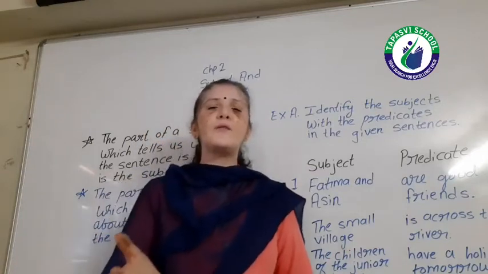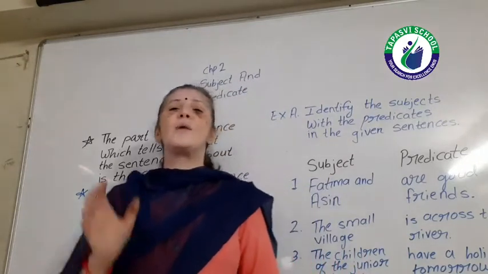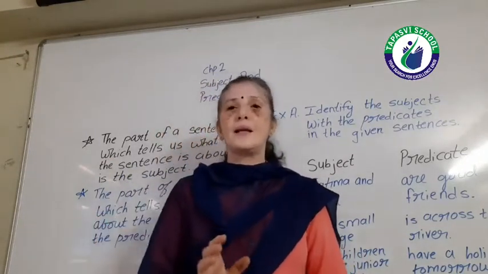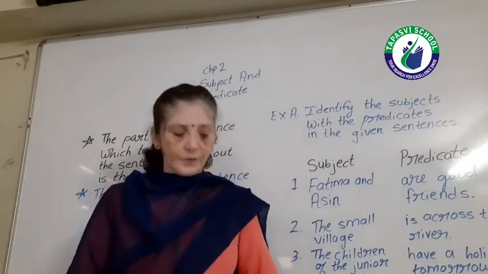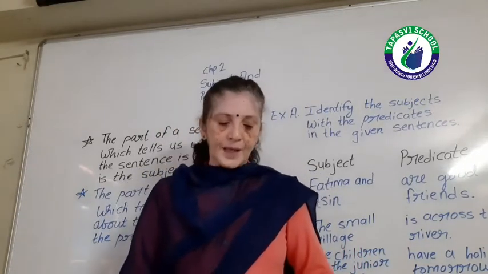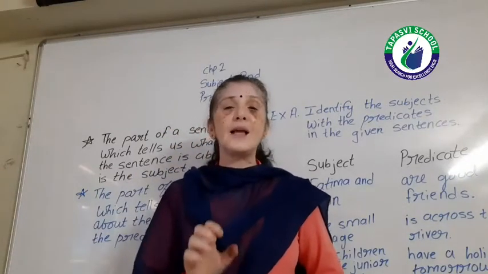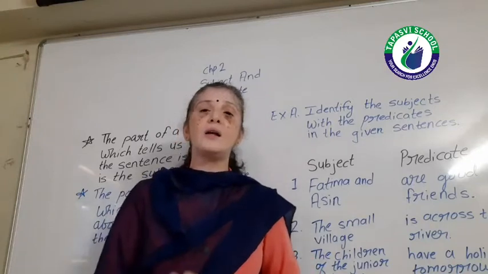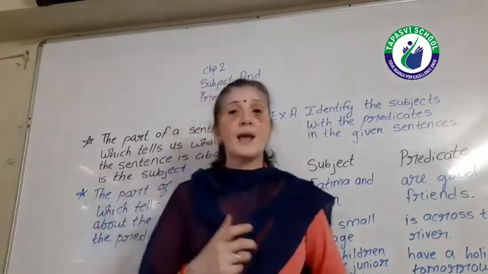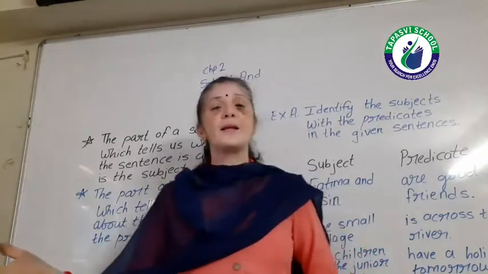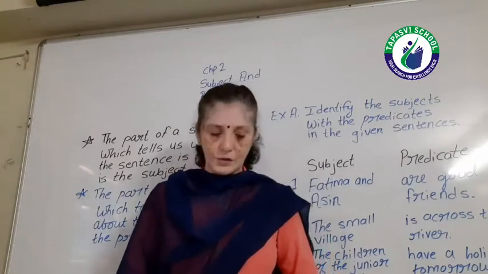But sometimes when emphasis is put, the predicate comes first and the subject comes later. For example, in that jungle lived a lion. Here emphasis is put on in that jungle lived. So here the sentence is about a lion. The subject is after the predicate, and the predicate is written first.